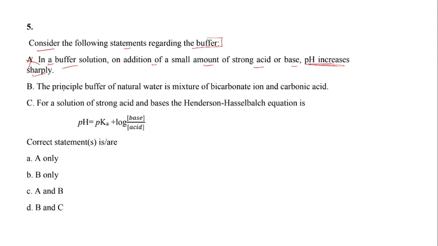Statement B: the principal buffer of natural water is a mixture of bicarbonate ion and carbonic acid. No wait, sorry, it is natural water. Yes, the principal buffer of natural water is a mixture of bicarbonate ion and carbonic acid.